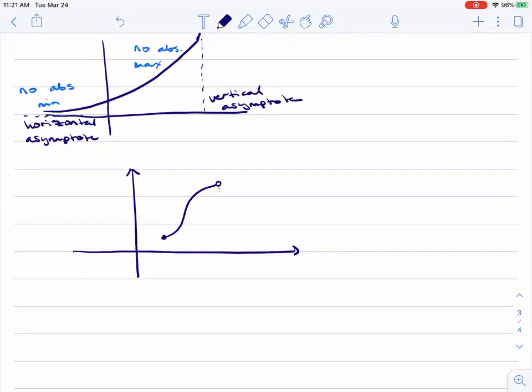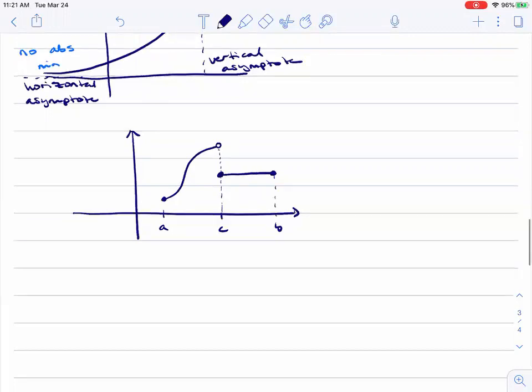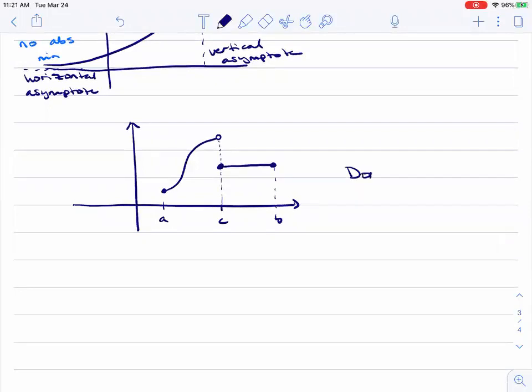And at that same value of x, we've got a closed dot, and then it closes. Let's say that this is A, C, and B, only because usually we say that the domain is closed from A to B, because it includes A and B on both sides.